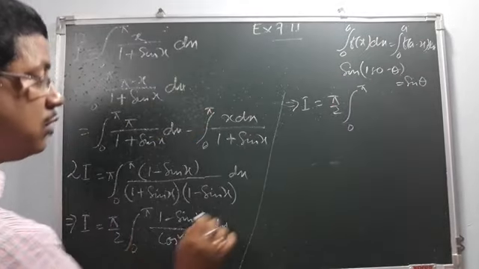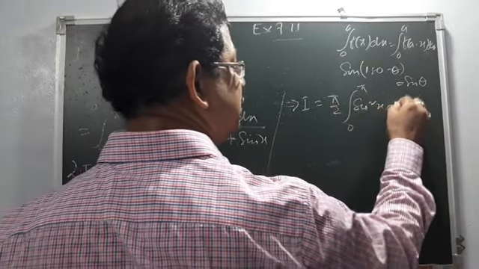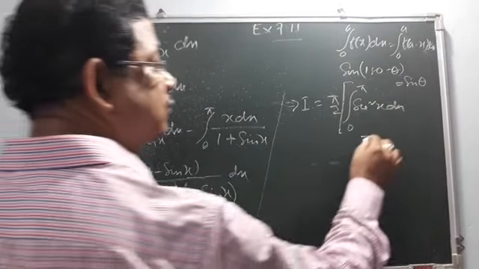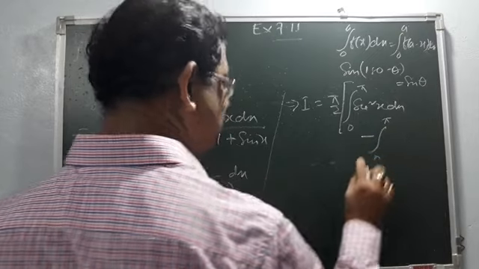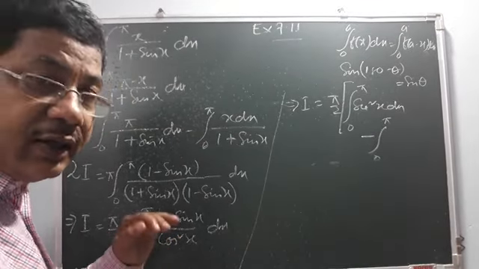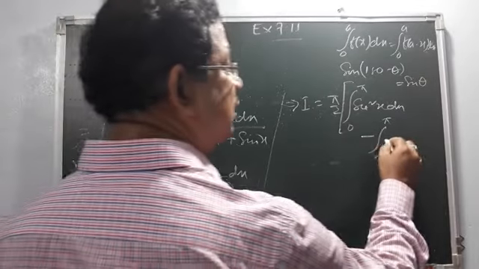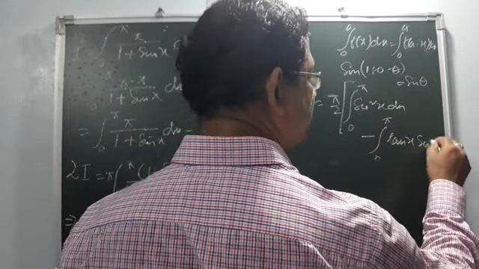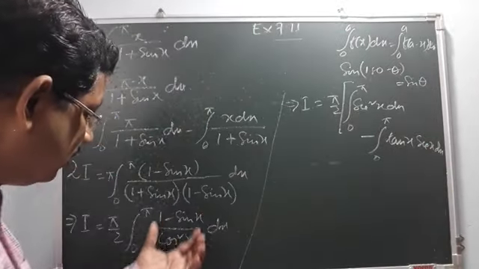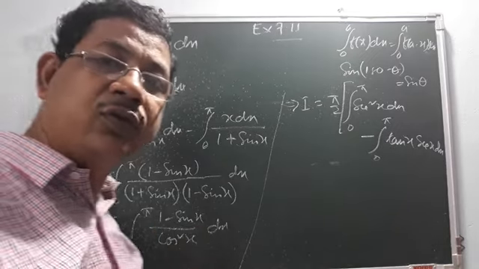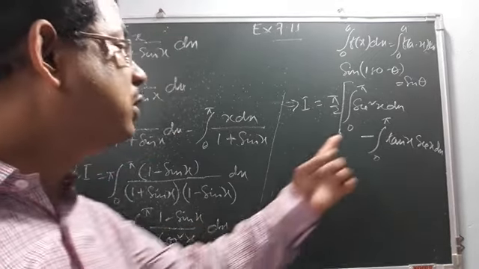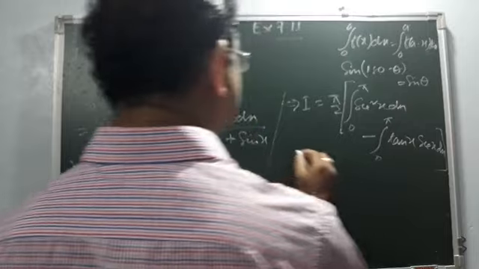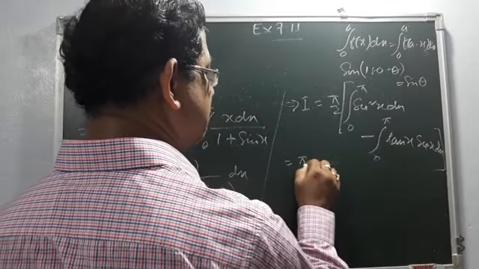This is cos squared, so 1 by cos squared means sec squared x dx, minus sine x by cos squared x. Let me explain sine x by cos squared x again: sine by one cos will give tan x, and 1 by the other cos will give sec x. So ultimately we get our integration like that.